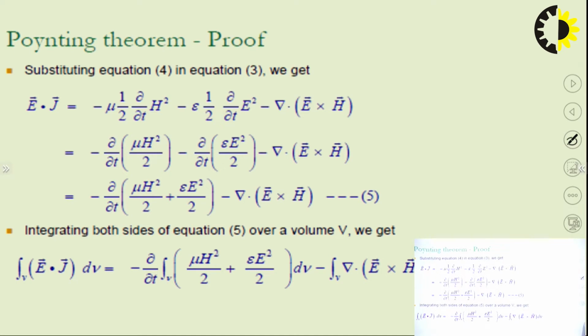So what we are getting in equation number 5: E dot J is equal to minus d over dt of mu H square by 2 plus epsilon E square by 2 minus divergence of E cross H. Now by integrating this whole equation number 5 from both sides with respect to volume, we will get integration of E dot J dV is equal to minus d over dt integration of mu H square by 2 plus epsilon E square by 2 dV minus integration of divergence of E cross H with volume integration.